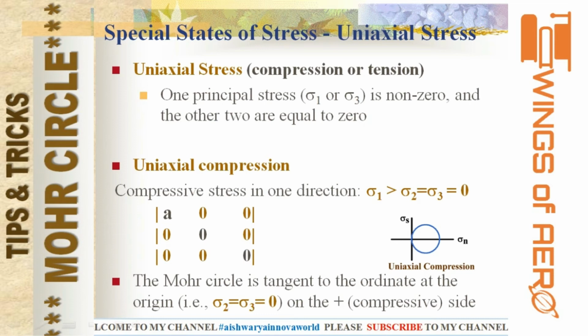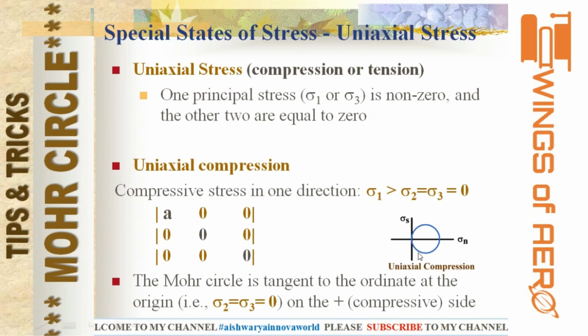If you are considering a 3D axis, then definitely one of the axes should be non-zero and the other two should be 0. As you can see in the figure, it has some value, positive or negative, it can be anything. If it has a positive value, that means it will give a positive impact.